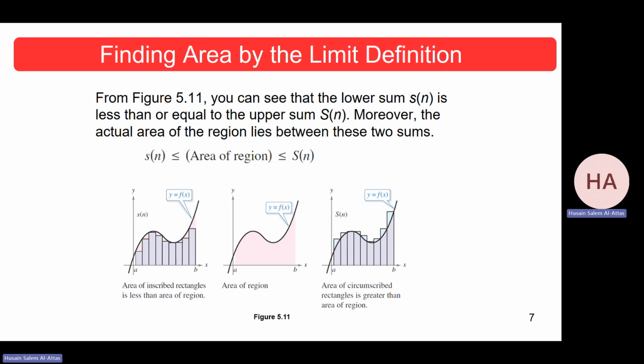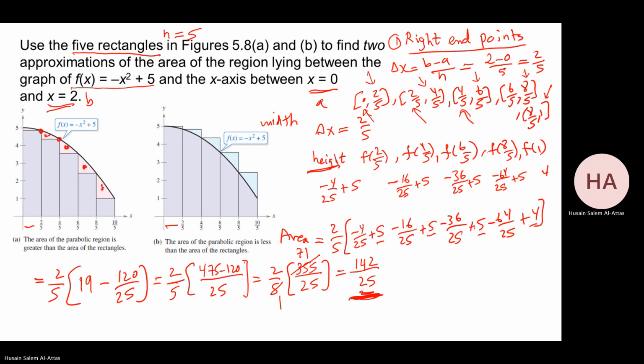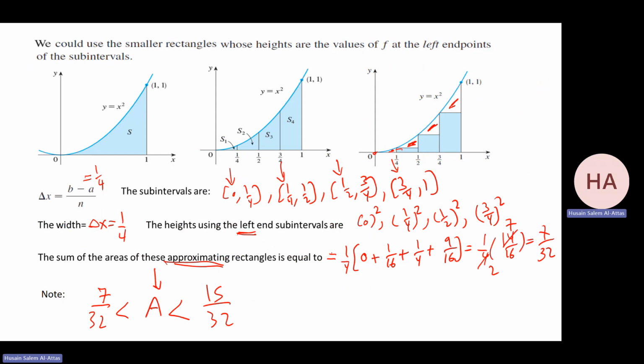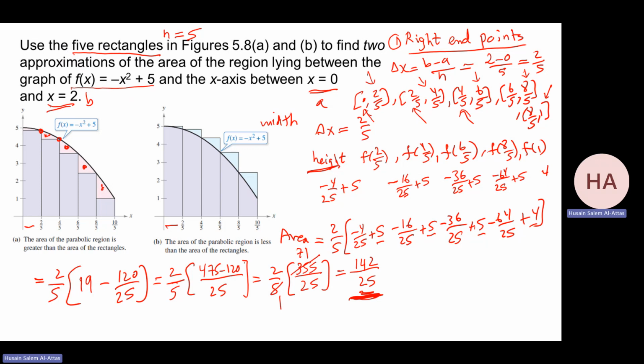So now we have something called lower sum. We have something called upper sum. What is the lower sum? It is when the approximated sum is lower than the exact area. If it is more, then it's an upper sum, and it's related to being increasing or decreasing. If it's increasing, for sure, the right endpoint will be more. If it is decreasing, then the left endpoints will be more than the exact area.